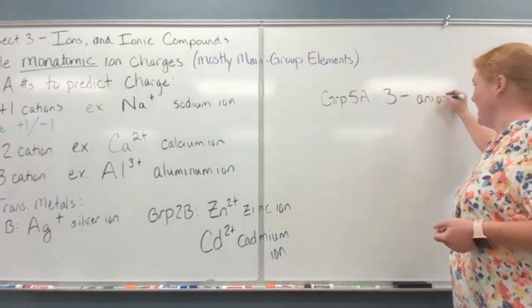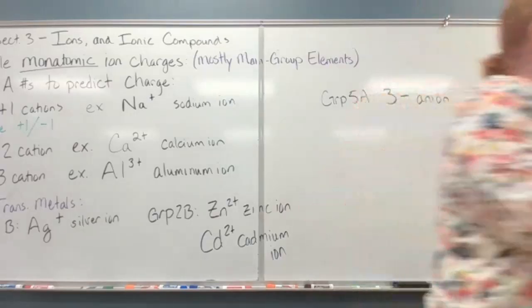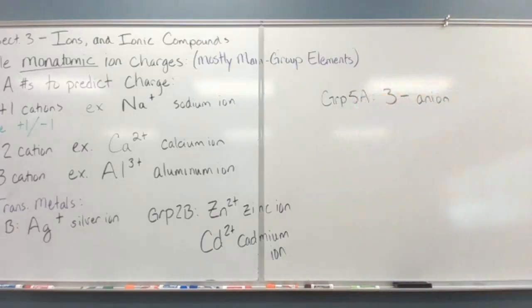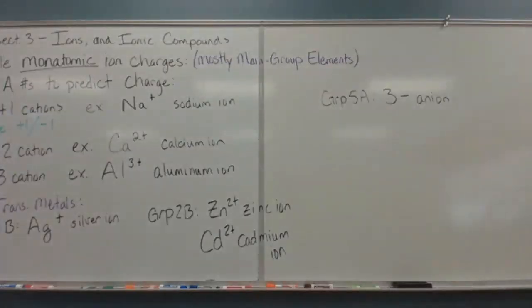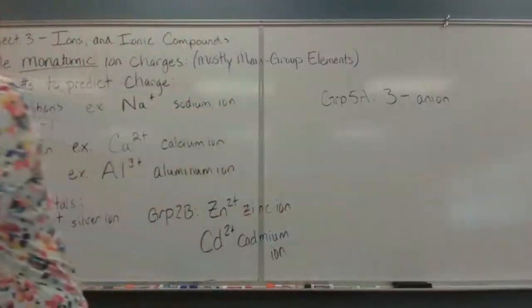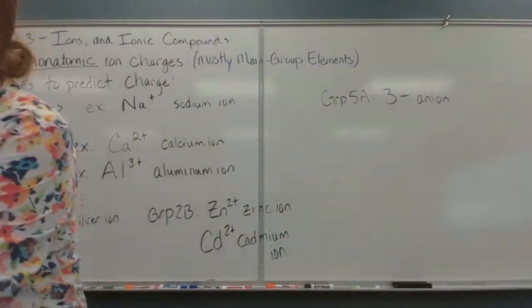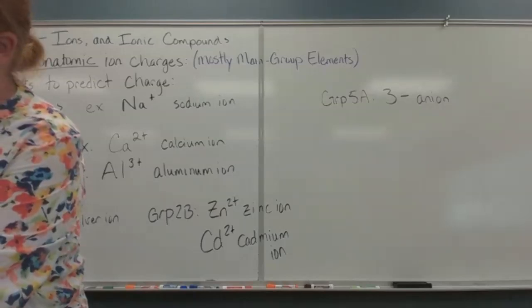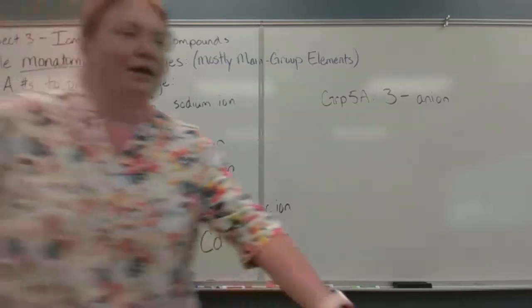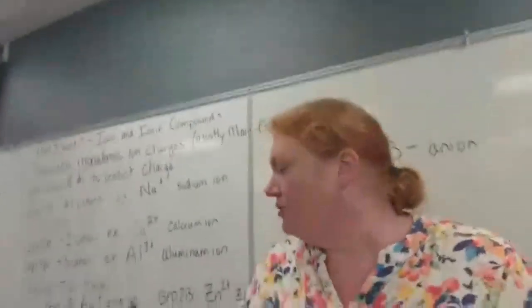These anions, okay, the symbol is written the same way, but the name changes a little bit. For these monatomic ions, okay, monatomic meaning just one atom. These are what we find on the periodic table. An anion's name changes in the ending of it.